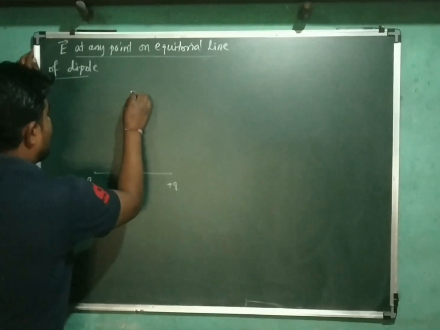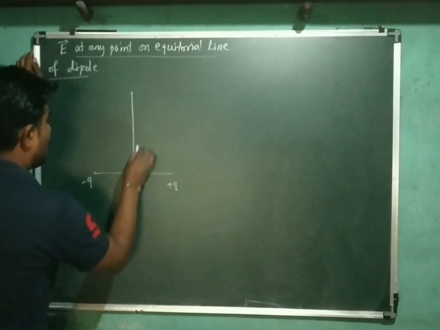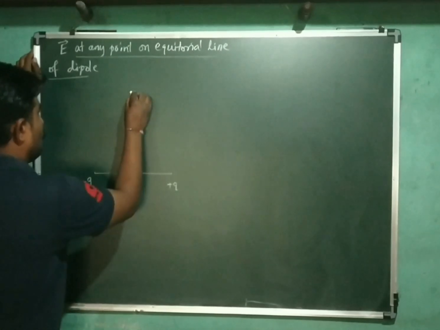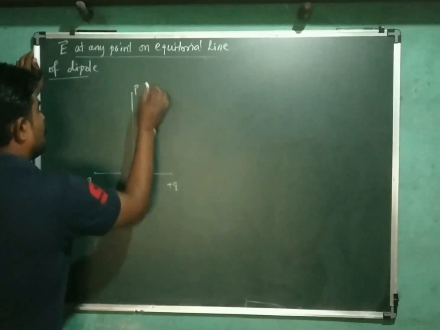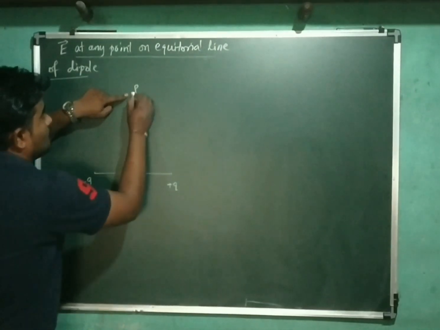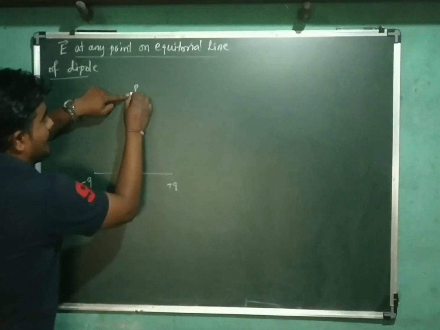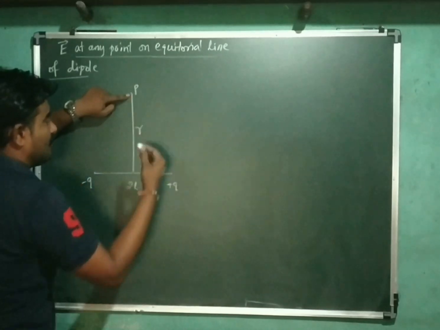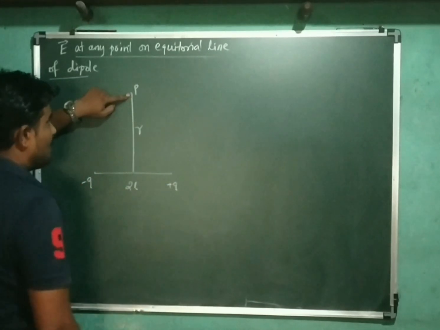Let us consider a point P at a distance of R from the center of the dipole. This is the point P at which we are interested to calculate the electric field. So let us place a small test charge at point P so that we shall calculate the electric field created by minus Q and plus Q.